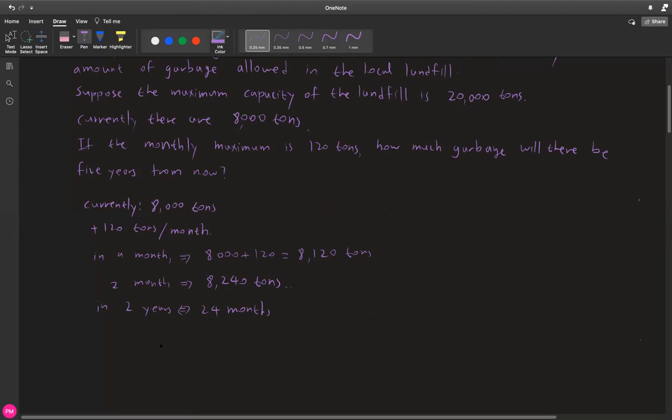So we have 8,000 plus 120 multiplied by 24, because there will be 24 months in 2 years. Let's calculate that really quickly.